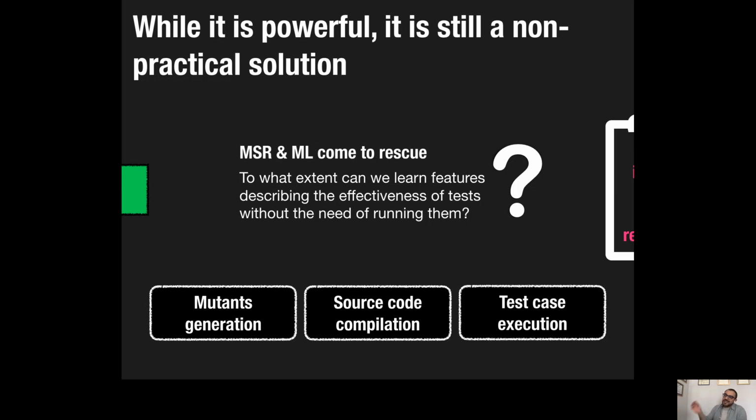So in this case, the prediction would allow developers not to run test cases, or at least to run more expensive mutation testing analysis only for those tests that are predicted as not effective.